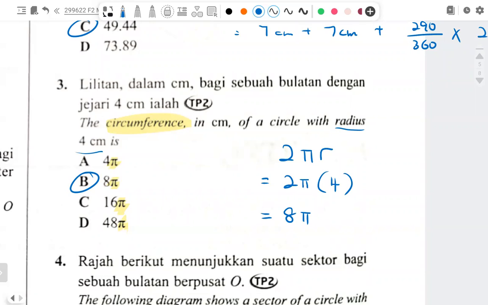And if you check your calculator, there's a symbol pi also. It's at the bottom, near to the answer button. Because different calculator, I'm not sure. Yours is similar with mine. It's somewhere near to the equal button or answer button there.